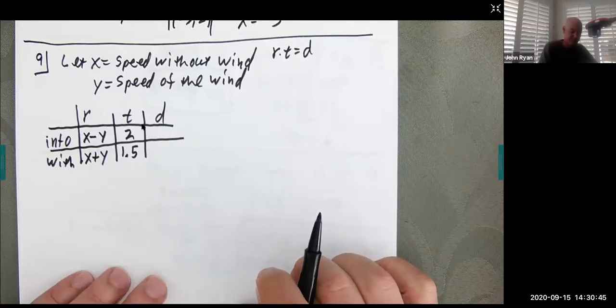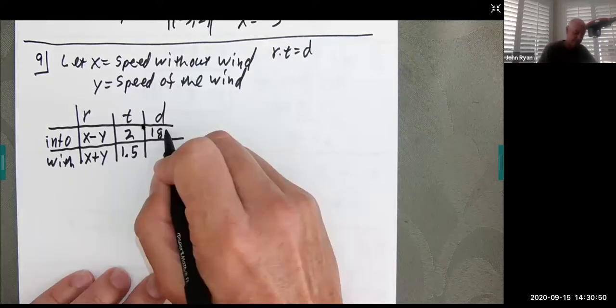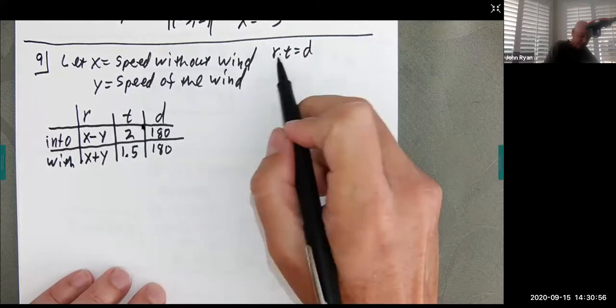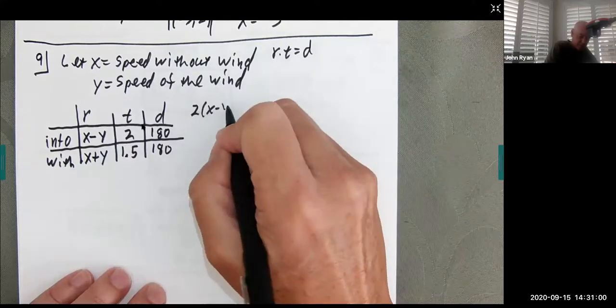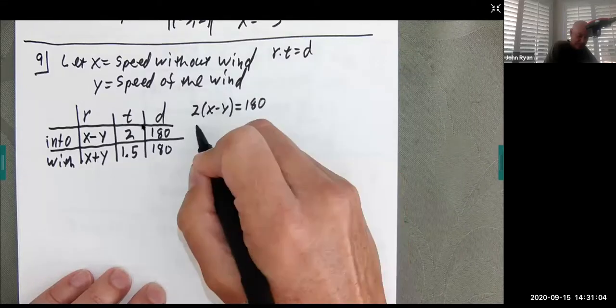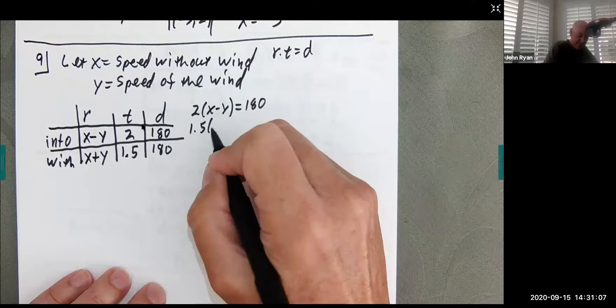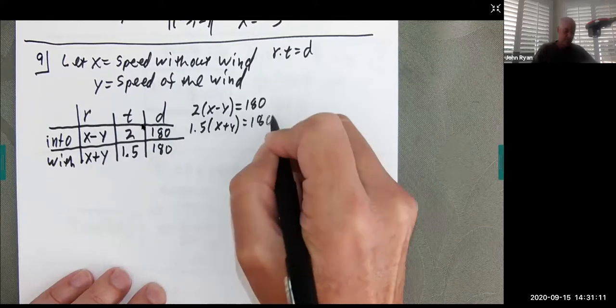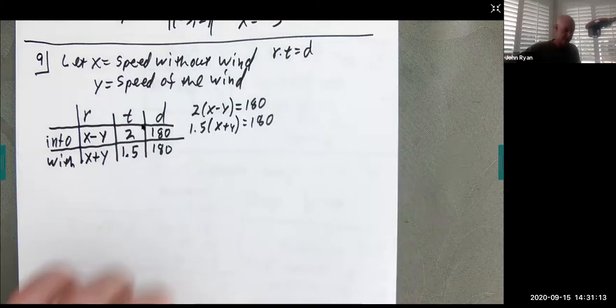Now the distance is the same for both. They're both going 180 miles. And that leaves me with rate times time is distance, rate times time is distance. And what I'm going to do is divide the 2 and the 1.5 out.